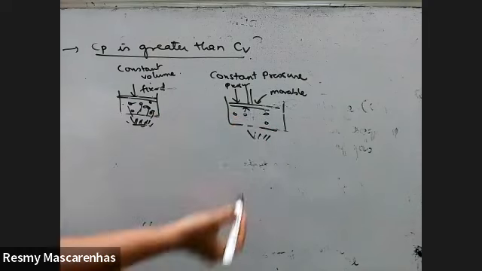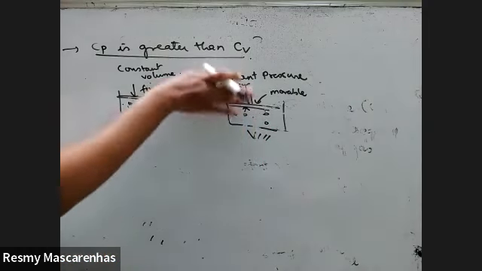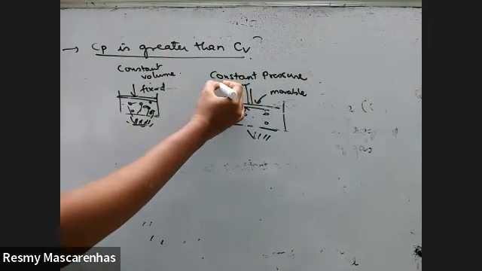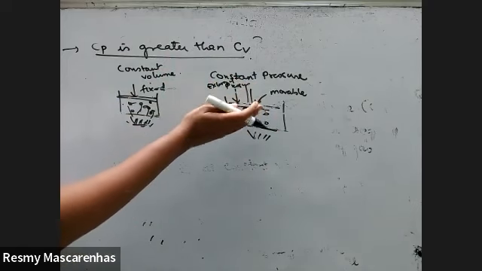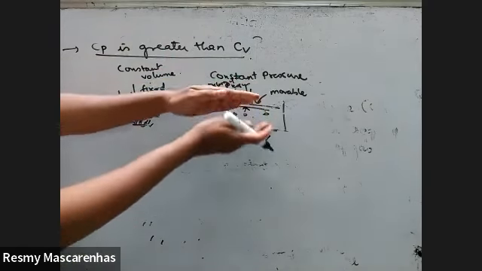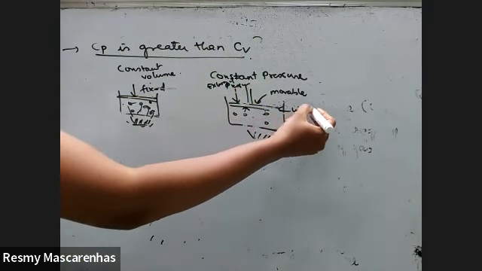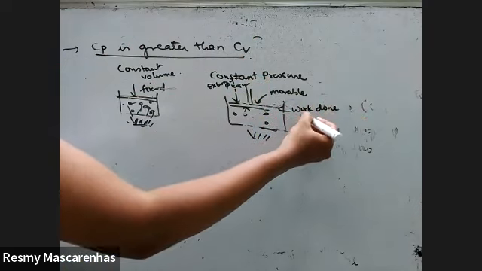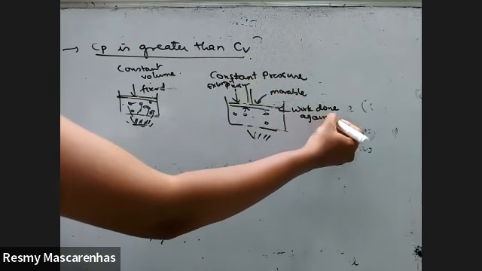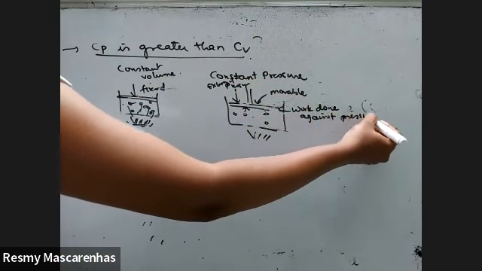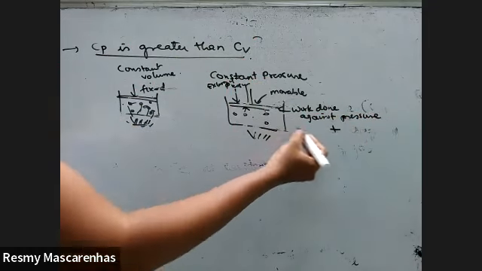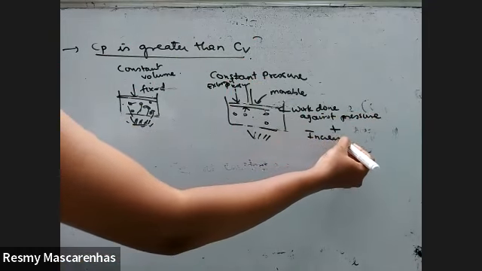First it has to maintain that external pressure. The gas may have been compressed, so first it has to expand. So there is some work done against this external pressure, plus then it has to increase the internal energy.